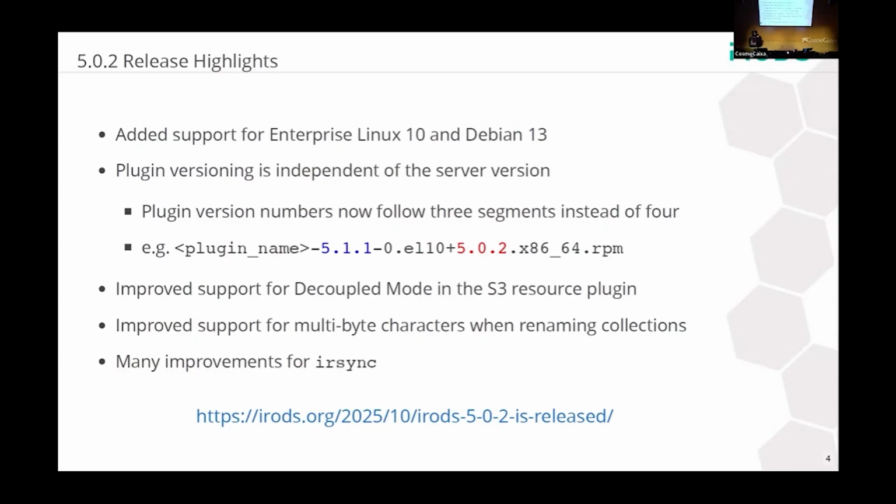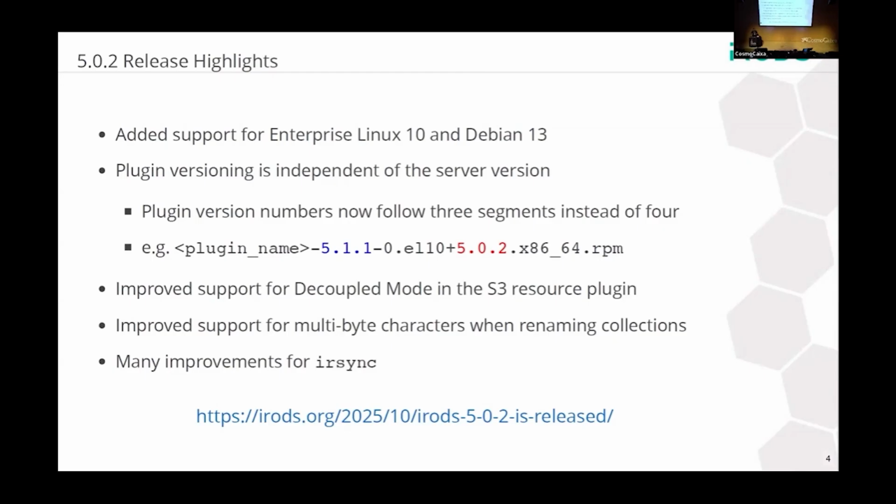This is new for iRODS 5. People who are familiar with the 4.3 series and before know that plugins shared the same version number as the server. And so iRODS 5 seemed like a good place where we could decouple things and allow the plugins to have their own version so that we can communicate more information through the plugin version number.